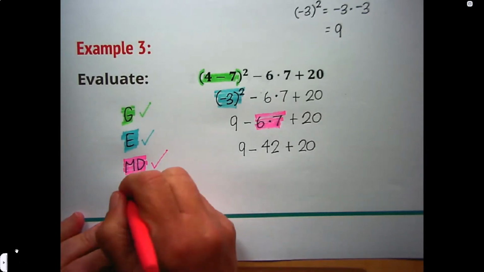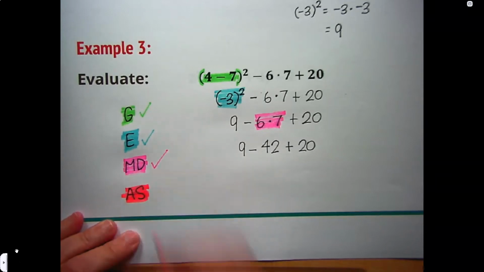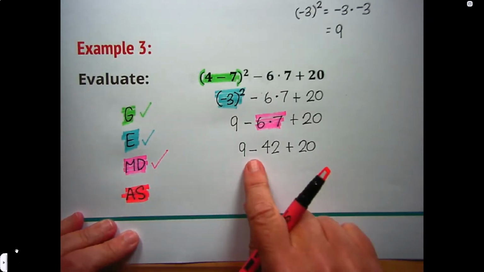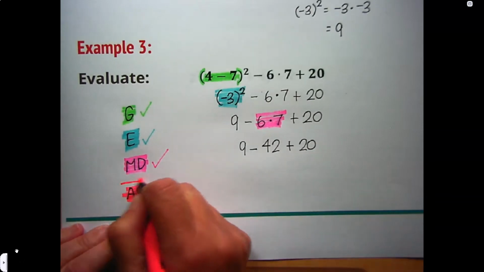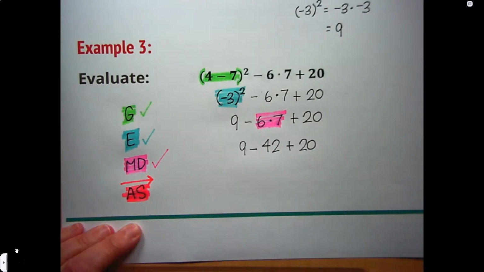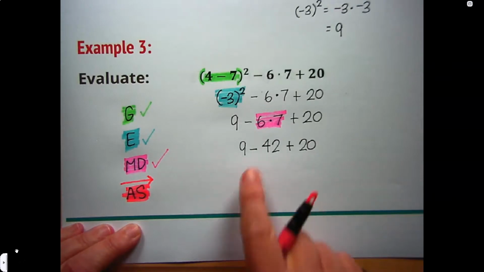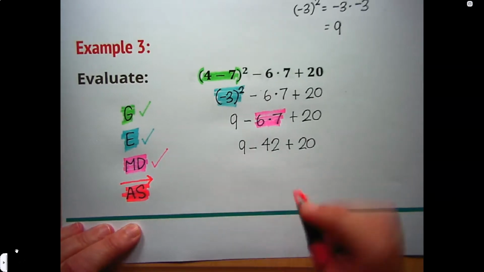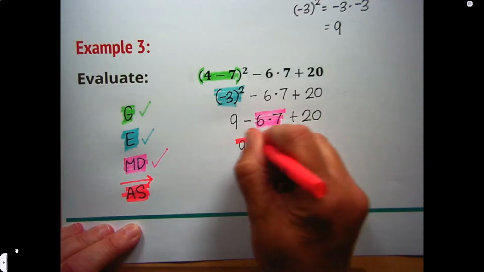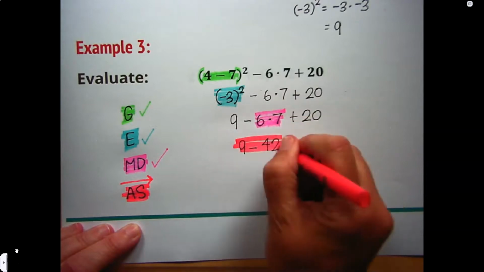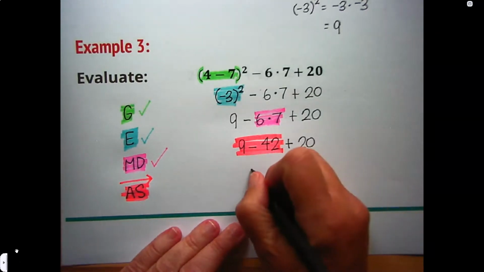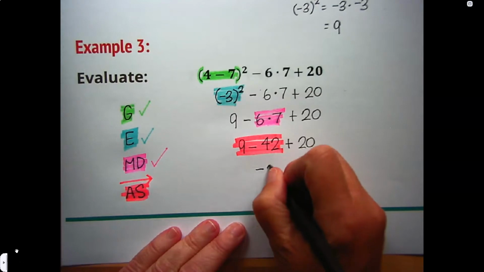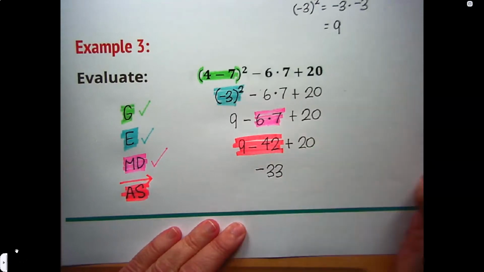All right, so finally, adding and subtracting. I see both. I have subtracting here, I have adding here. I'm going to work left to right, left to right. So which one is first? In my problem, the subtraction sign is the first sign. So the next thing I'm going to do is the 9 minus the 42. All right, for 9 minus 42, I'm going to get a negative 33.